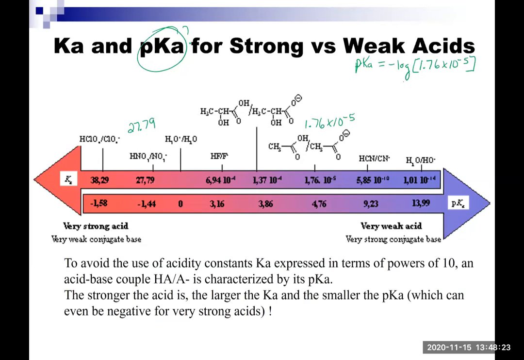And then you're going to hit your log key. And so what you get is that the log equals negative 4.754487, and this goes on pretty far, 332. Well, the negative of a negative is a positive, and so that means that the pKa equals 4.75.